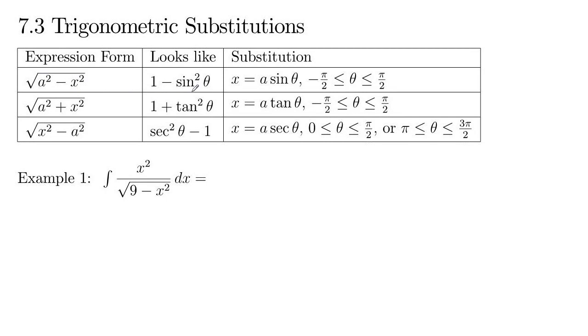So let's take a look at an example. I'll show you how this works. We want to integrate x squared over root 9 minus x squared. 9 is a perfect square. That looks like the expression which corresponds to the trig identity 1 minus sine squared, so I'm going to write that underneath the integral here. Now we've got a 9 instead of a 1, so I'm going to multiply through that trig identity by 9. So it's 9 times 1 minus sine squared, which gives 9 minus 9 sine squared theta.